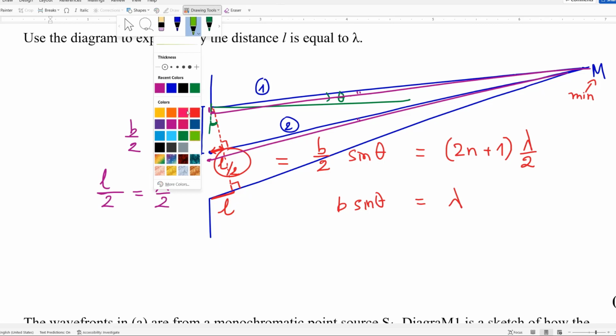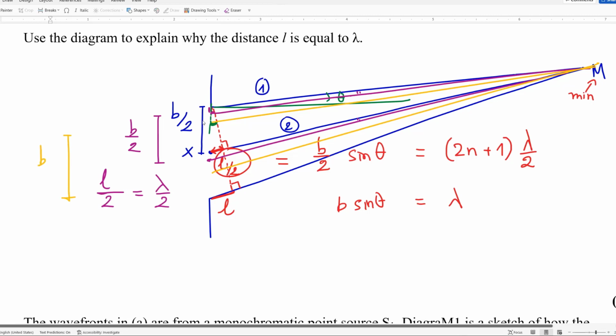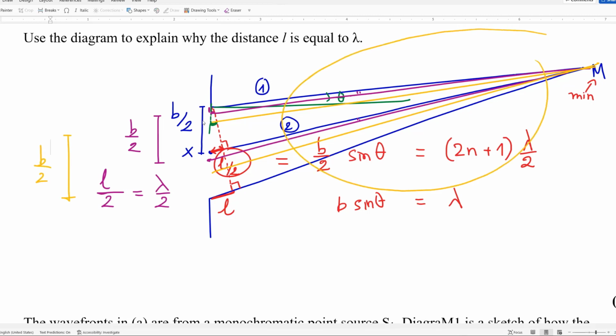Let's choose some other color. The next ray here to the point M, the distance between these rays is always b over 2. So all the waves end up having a phase difference of pi. The path difference is half wavelength. They are destructive, resulting in the minimum.